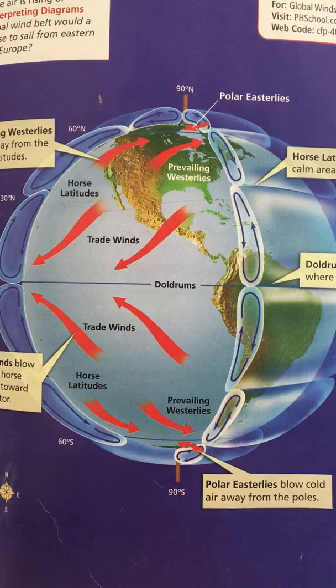Trade winds. When the cold air over the horse latitudes sinks, it produces a region of high pressure. This high pressure causes surface winds to blow both towards the equator and away from it. The winds that blow toward the equator are turned west by the Coriolis effect. As a result, winds in the northern hemisphere between 30 degrees north latitude and the equator generally blow from the northeast.